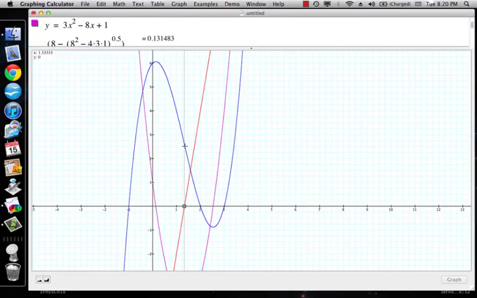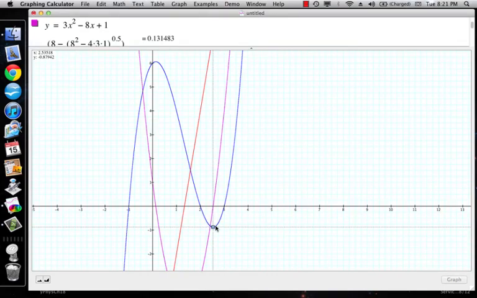Right at that point right there is where the blue graph switches from having a negative curvature to having a positive curvature. So here it starts to get smiley. So that point right there has got to be a minimum because it's bending up. So it's going down, but it's bending up.